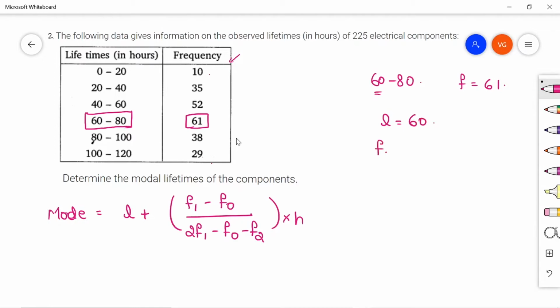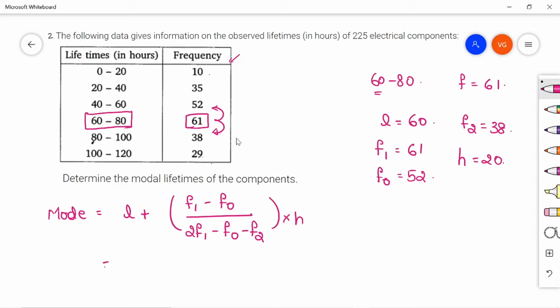Then f1 is the frequency of the modal class, that is 61. f0 is the frequency of the class preceding the modal class, that means 52. Then f2 is the frequency of the class succeeding the modal class, so 38. Then h is the height of the class, so it is 20.